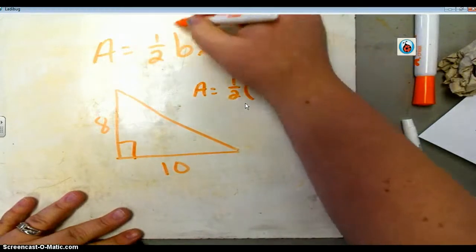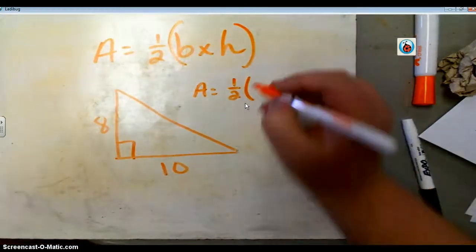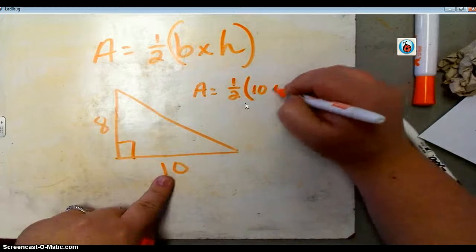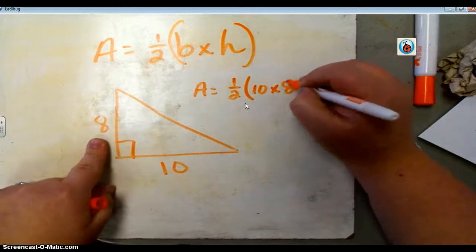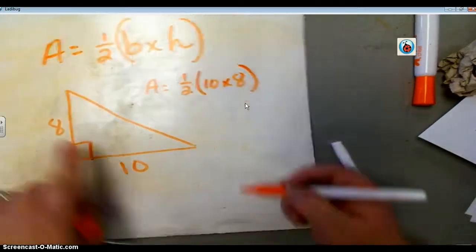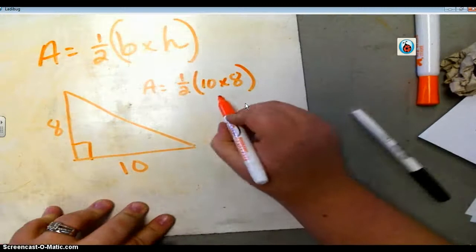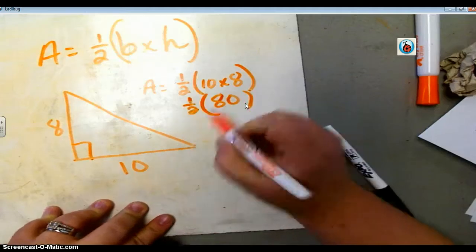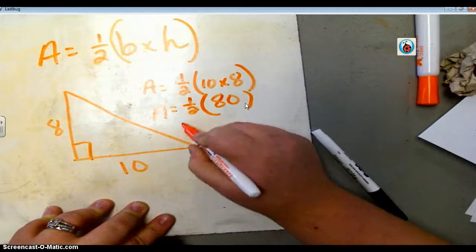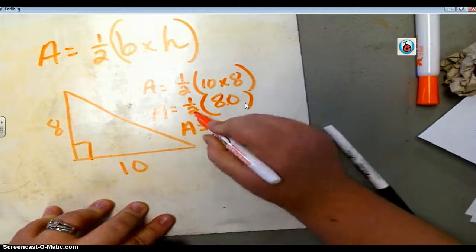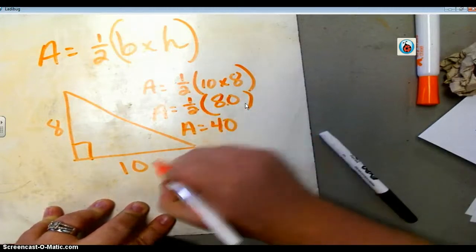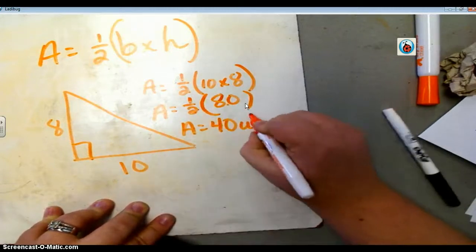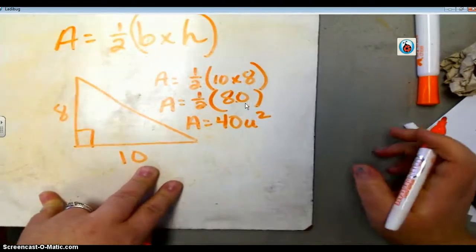I like to put parentheses around this part. My base is 10 times my height is 8. 8 times 10 is? 80. I have to take half of that. 40. So area equals 80 divided by 2, which is 40. We'll just say units squared because I didn't give it a unit measurement.